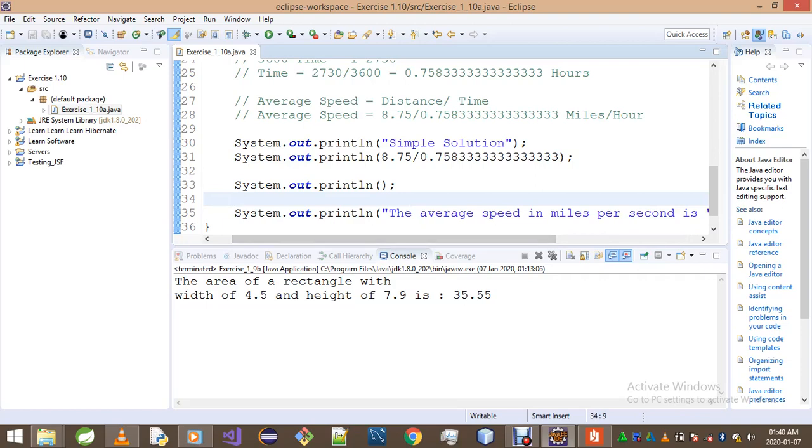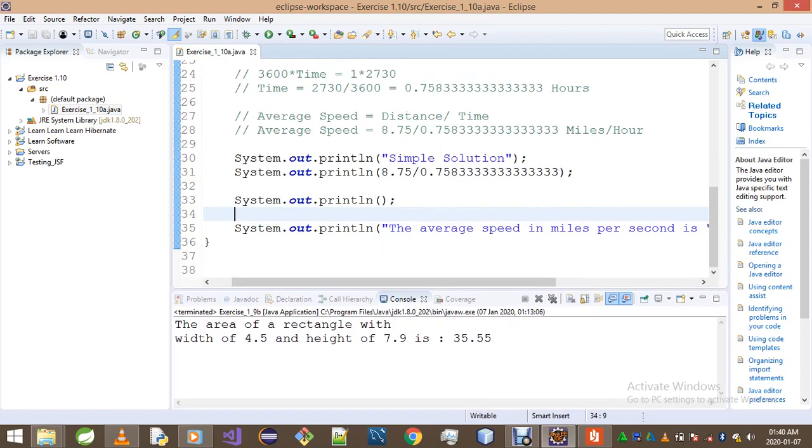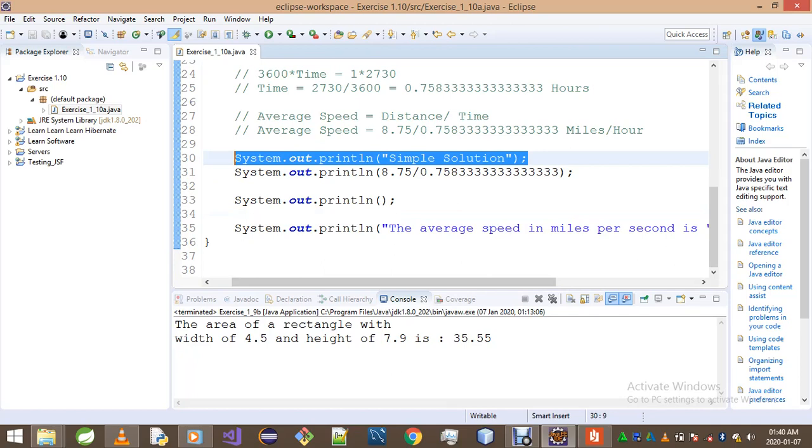A solution which is actually better than that, of course we can use printf to round off our answer, but then on this solution we want, this is what we have.